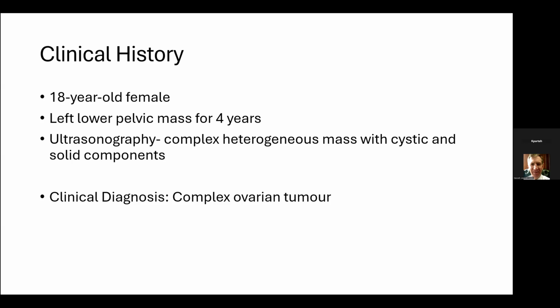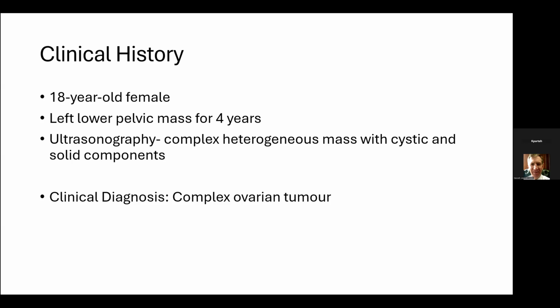Pertinent on the clinical information is that she has a normal menstrual cycle, and except for the pain which actually brought her to hospital, she had no other symptoms.